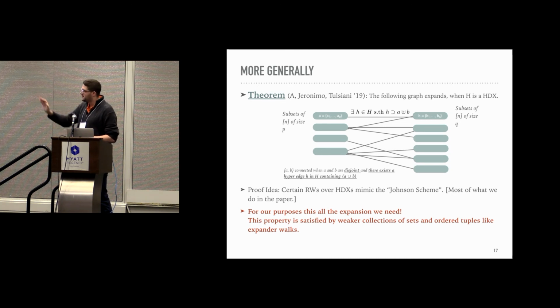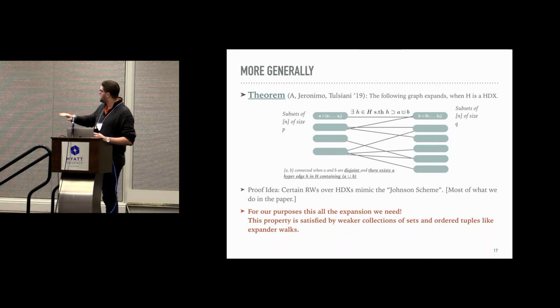So on the left-hand side, I'm going to put subsets of n of size p. On the right-hand side, I'm going to put subsets of n of size q. And I'm going to put an edge between 2 of these subsets when they're disjoint and when their union is contained in a hyperedge. Okay, so this is the general swap graph, I guess.